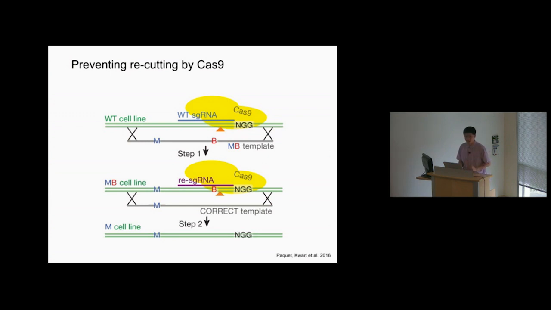If that's not acceptable, another really nice strategy is to do a two-step editing where you first introduce some intermediate silent mutations that block Cas9 from recutting, isolate a clone of interest, and then you revert just those silent mutations back to the original ones while keeping the mutation of interest. This is a process known as correct, a two-step editing which can make single base pair changes much more amenable to doing.